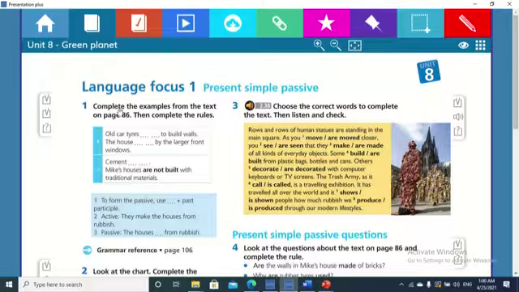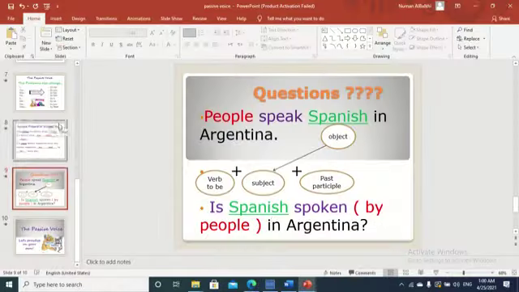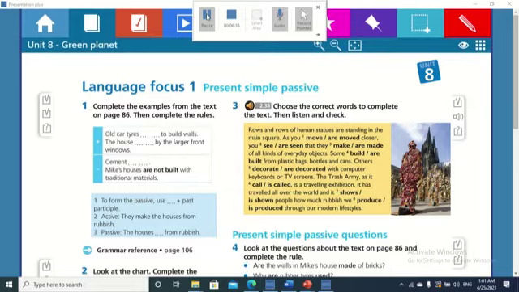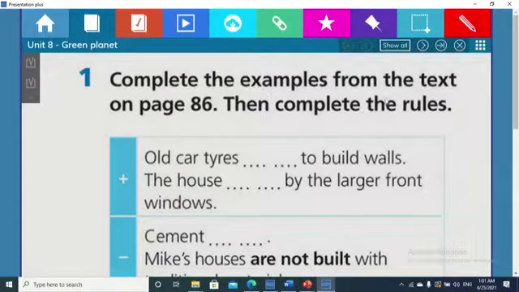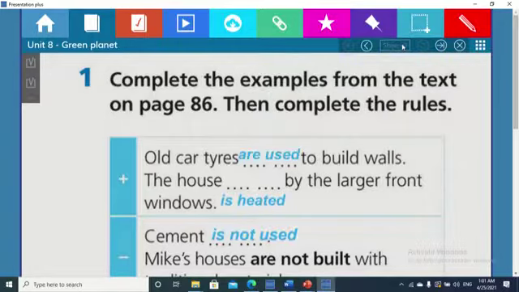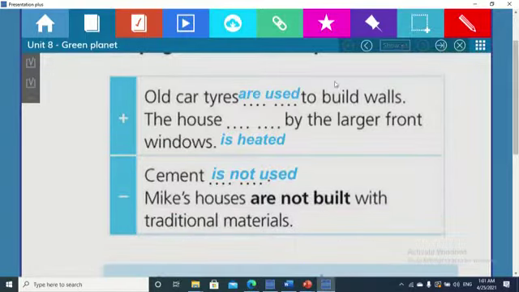So here's number 1, complete the examples from the text on page 86. So here's exercise 1 again. Of course, now here's affirmative and negative sentences. And here are the completions. Note that we have one of the two forms, are used, is heated. Of course, are used because we have tires.